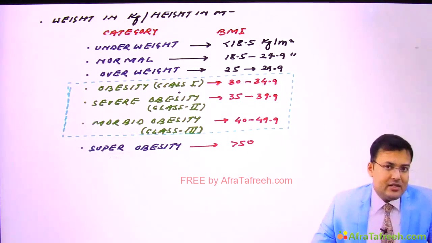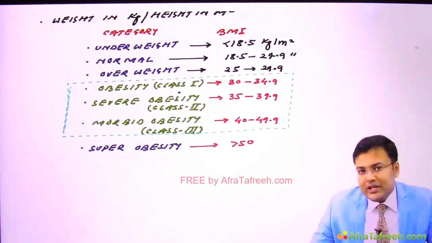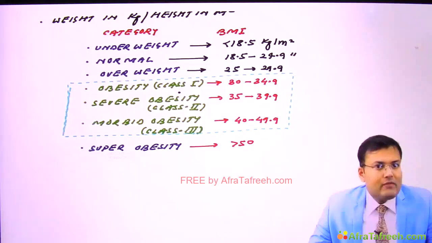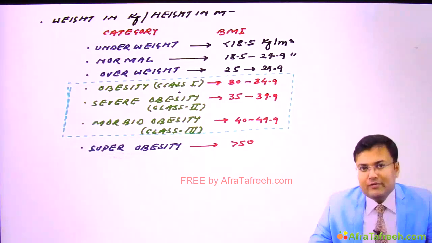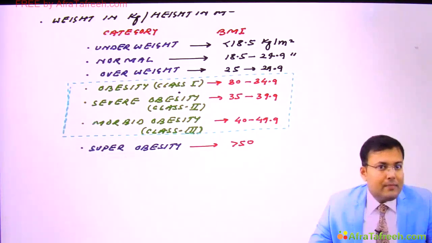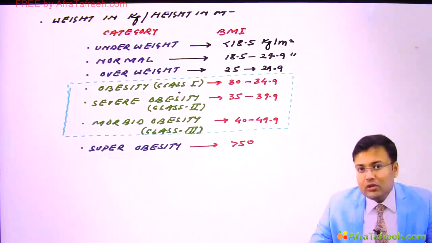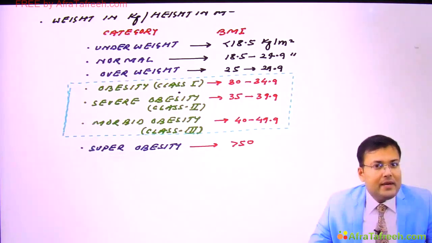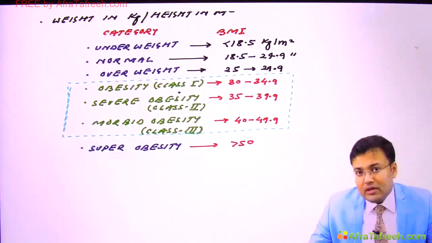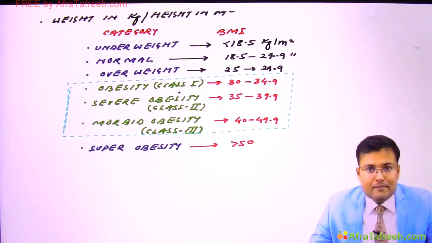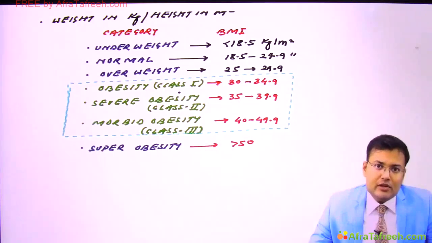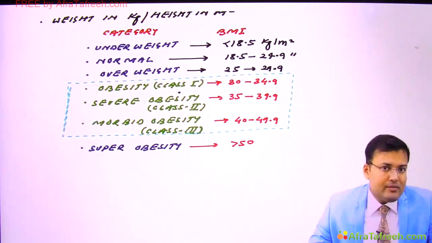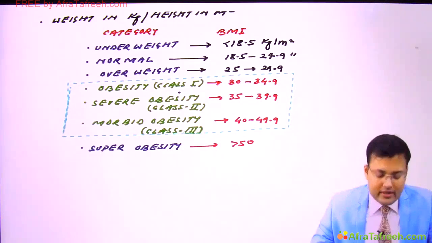This is international standards. According to Asian standards, we have to subtract 2.5 in each. So BMI more than or equal to 32.5 kg per meter square with comorbidities, or BMI more than or equal to 37.5 kg per meter square with or without comorbidities. So you have to remember both indications.